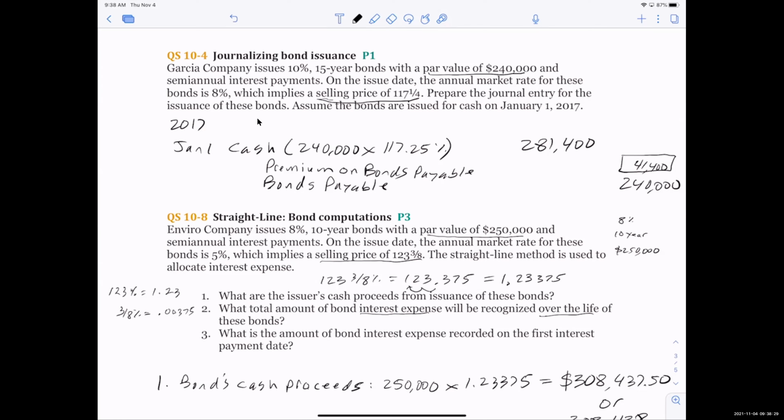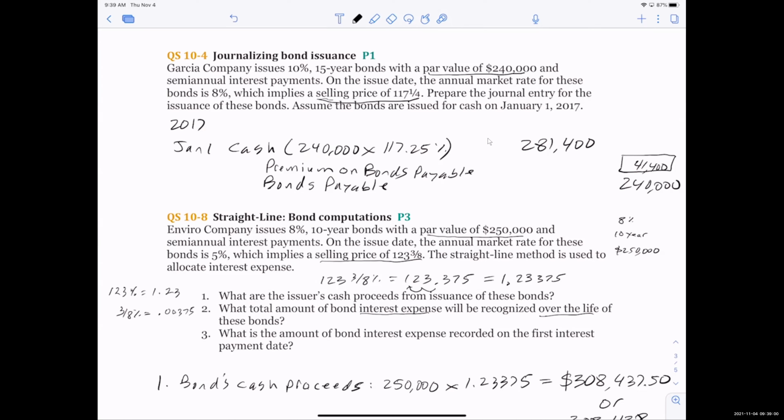Let's go ahead and then record the bond. Well, how much money did we receive? Well, we're receiving 117.25% of the par value. So 240,000 par value times the selling price, which is 117.25%. So we're receiving $281,400.